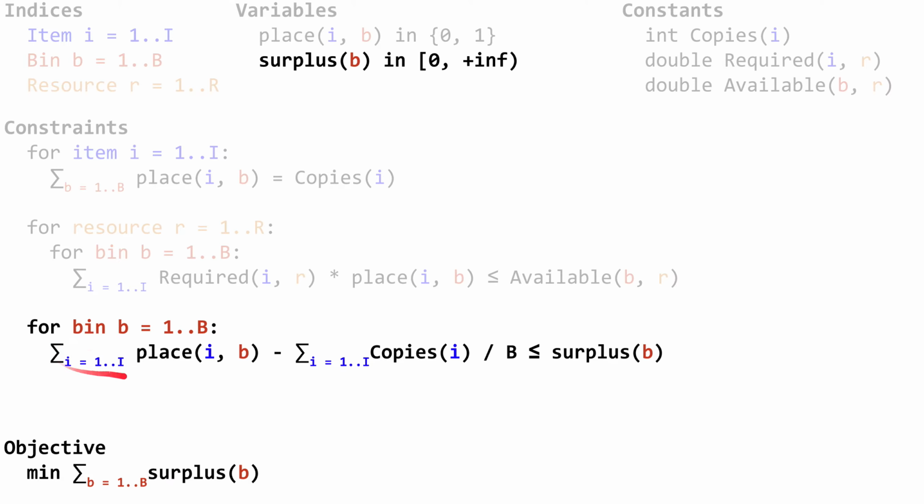So what the left-hand side represents is the surplus of items in bin B above the perfect expectation. And you upper bound it by our continuous variables, which you then minimize. So you push from above. You want to make the surplus as low as possible. And this will implicitly lead to balancing your placement.